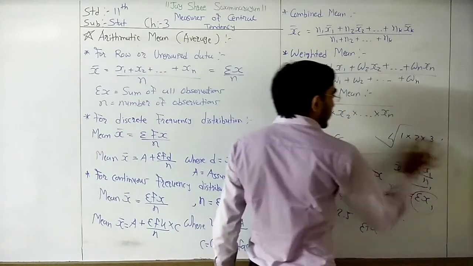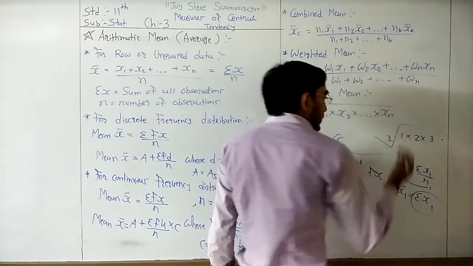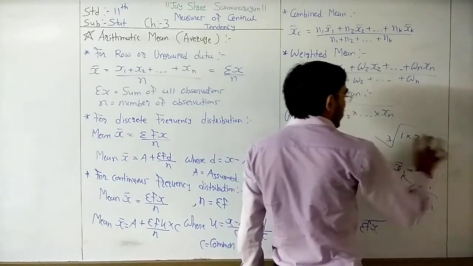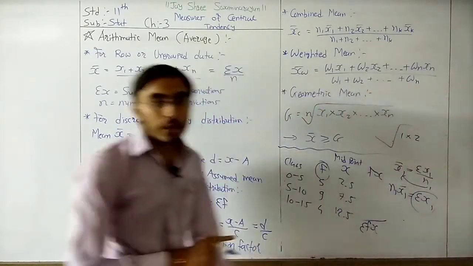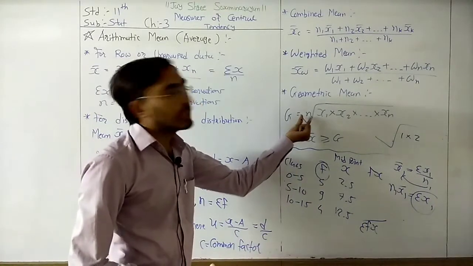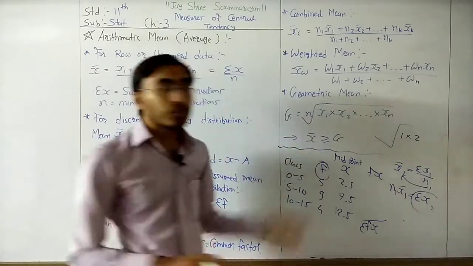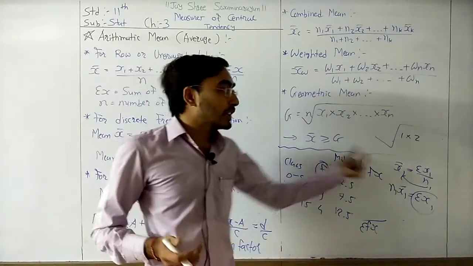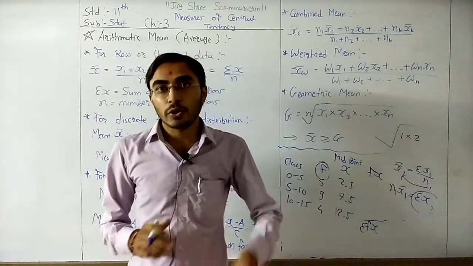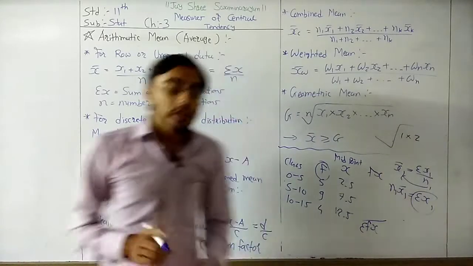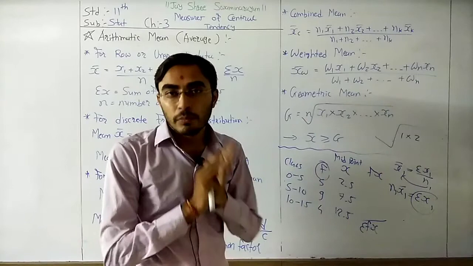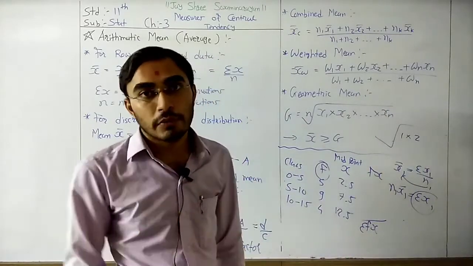If you have only 2 numbers, you need to take the square root. This n is not a multiplication; it shows the nth root. If you have 10 numbers, you need to take the 10th root of the product of all your observations.